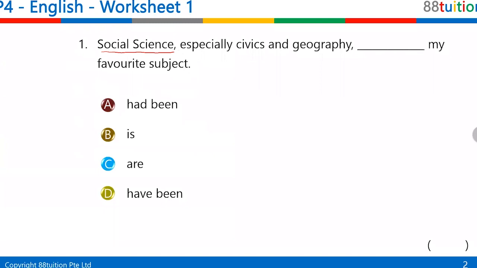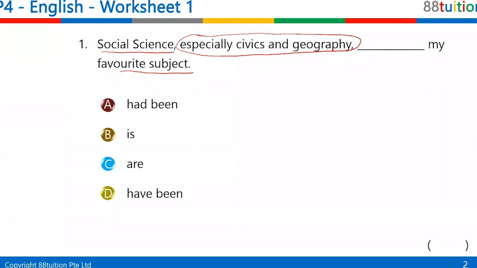And finally, we can see it says favorite subject, which means one subject. So basically what we're doing, you look at what's between the commas and block it out. If you block it out completely, you read social science, blank, my favorite subject. So what would it be?